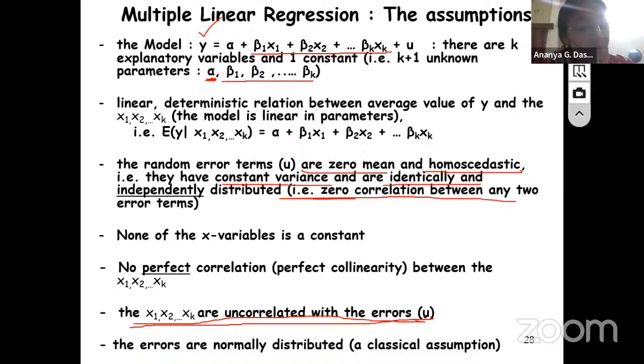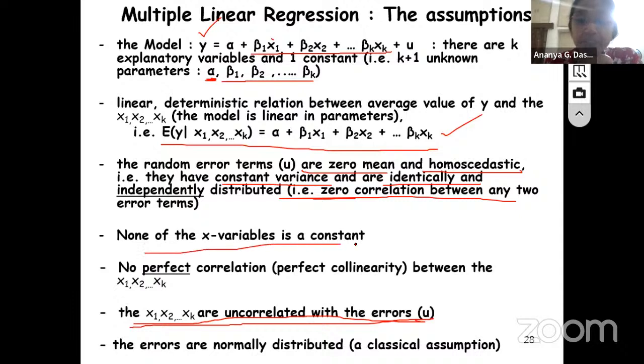That's another important assumption which we earlier made for the two variable model. The same assumption carries over here. With all these assumptions, you can write the model in the following form: the average value of y given the x's is alpha plus beta 1 x1 plus beta 2 x2 plus beta k xk. Again, none of the x variables is a constant.